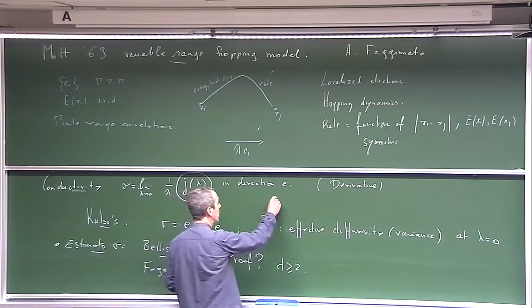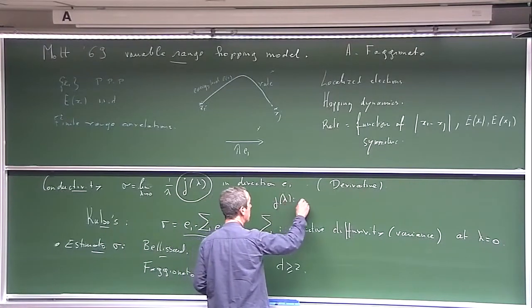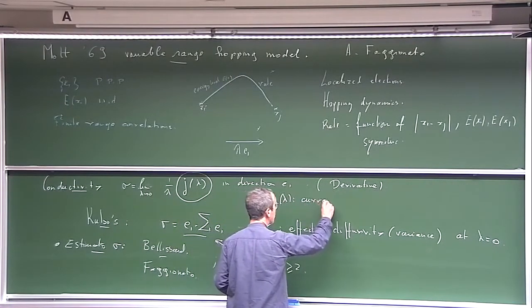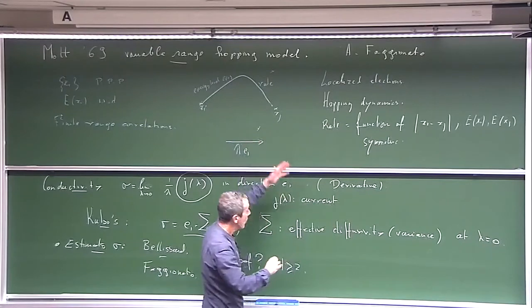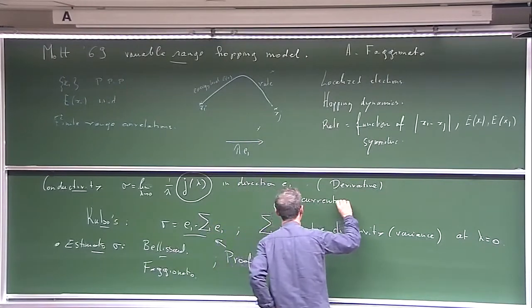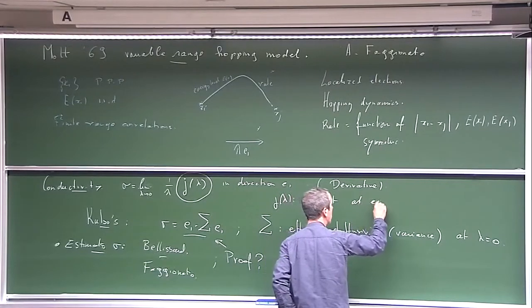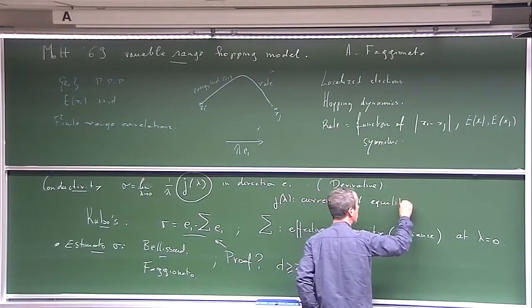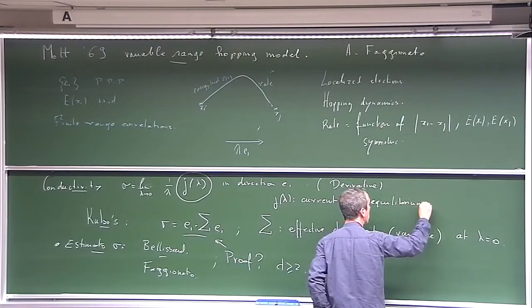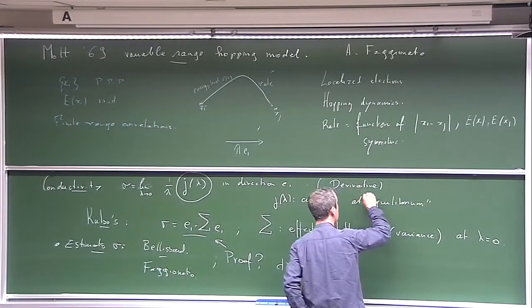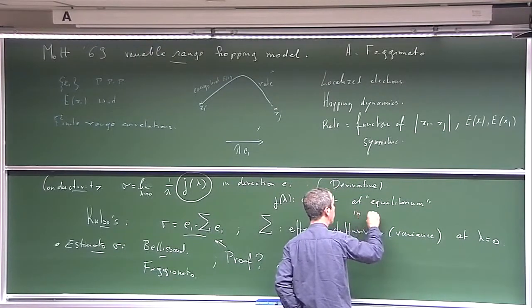So G of lambda is the current of electrons flowing in that direction, and at equilibrium. Or, let's say, in a steady state.